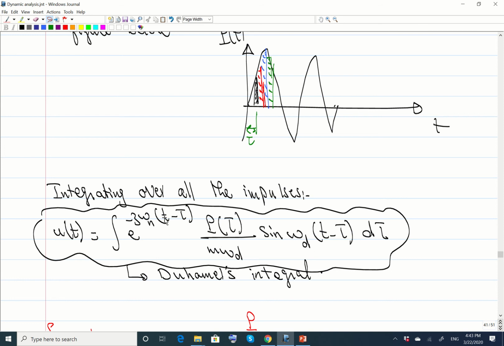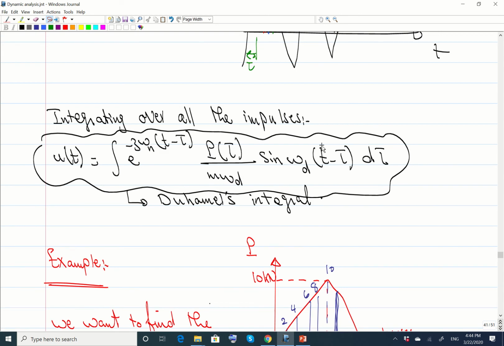So I'm not integrating with respect to t, I'm integrating with respect to tau. Tau is the changing parameter over here. I want to find the displacement at a constant time t, but I'm integrating all the impulses. Each impulse is at time tau, so I'm integrating with respect to d tau: p of tau divided by m omega d, sine omega d (t minus tau), d tau.